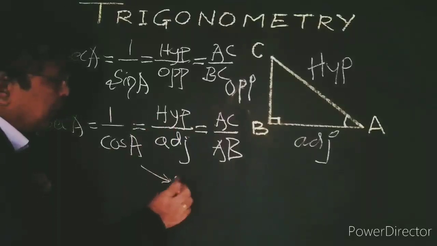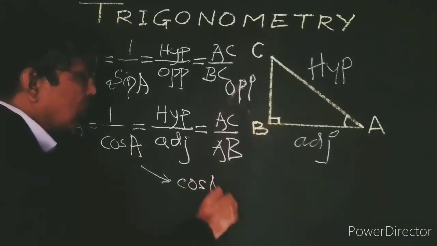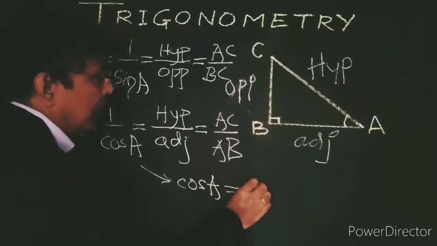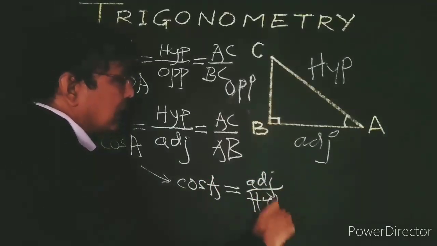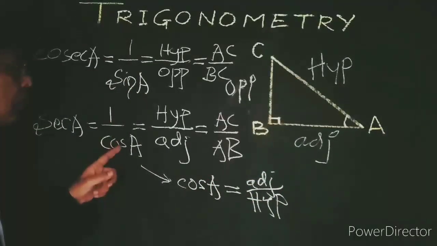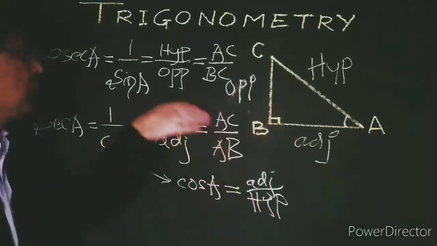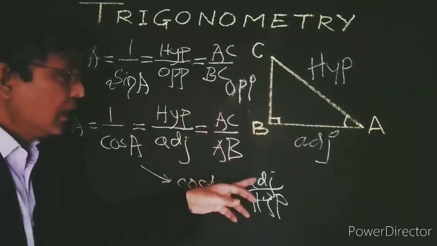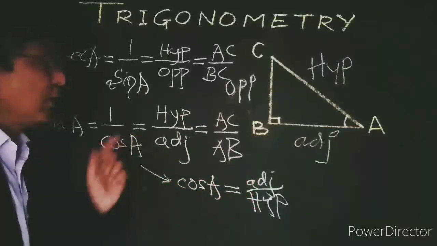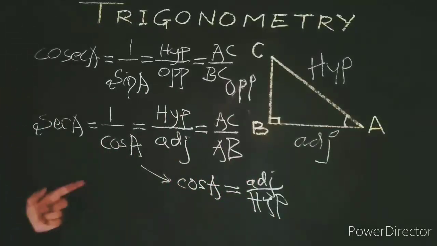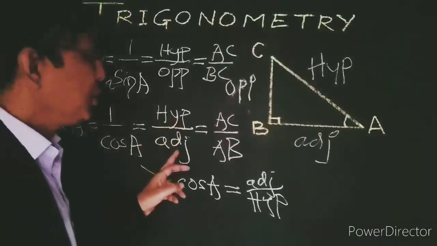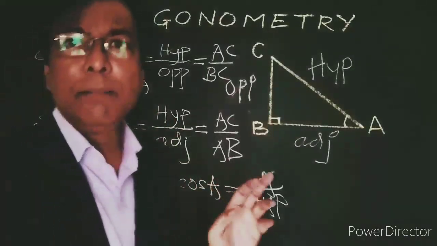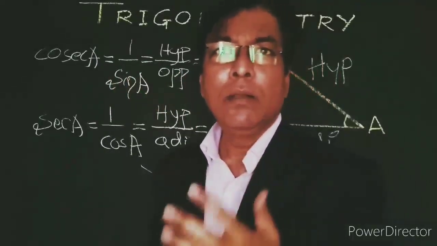Because cos A means adjacent side divided by hypotenuse, and if we take 1 upon cos A, the hypotenuse goes to the numerator and the adjacent side remains in the denominator. Therefore, sec A is nothing but 1 upon cos A, or hypotenuse divided by adjacent side. These are the 6 ratios.